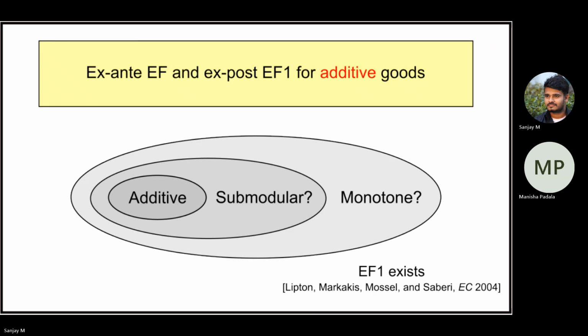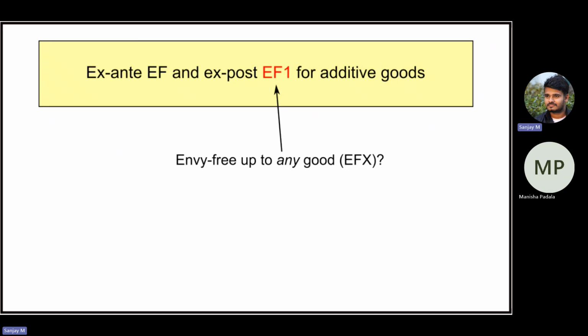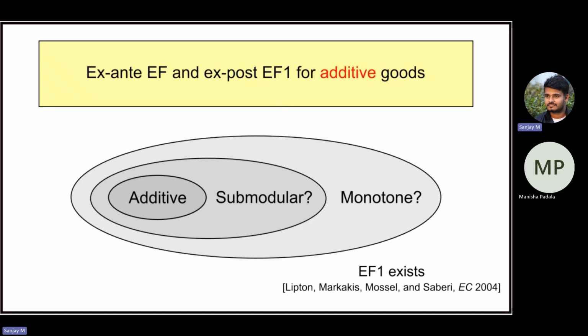What we do not know is whether this EF1 can be combined with ex-ante EF. We don't know how to construct a distribution over EF1 allocations which is envy-free in expectation. So that's an interesting question to think about, right? We have some understanding of this class here, but what happens for submodular or subadditive or monotone and so on?